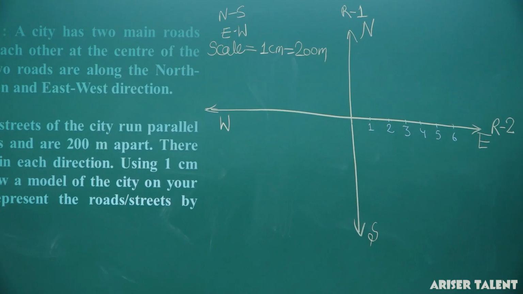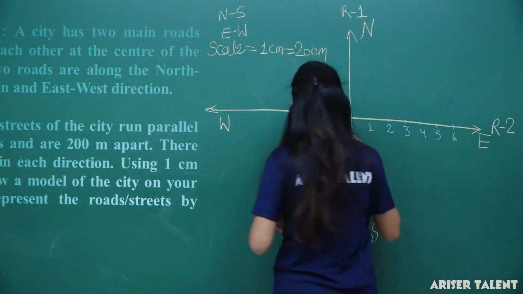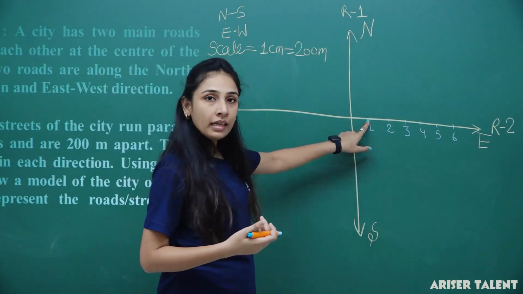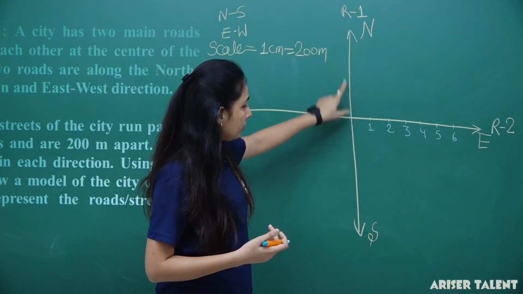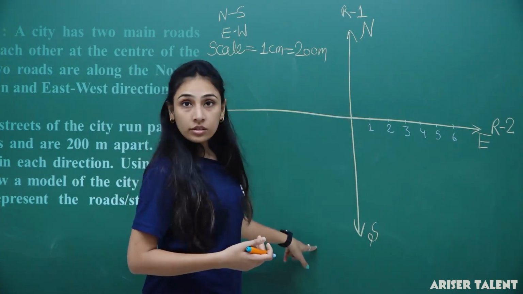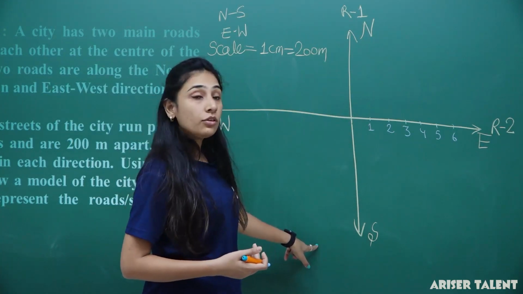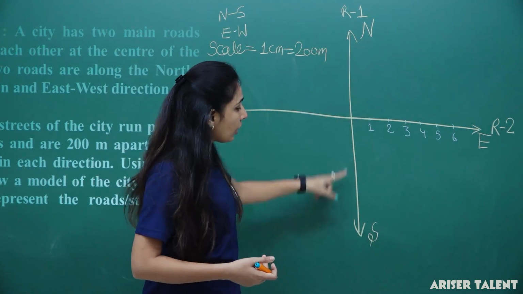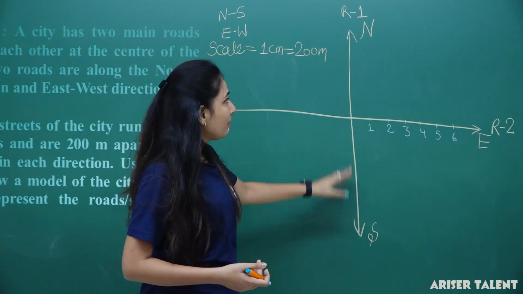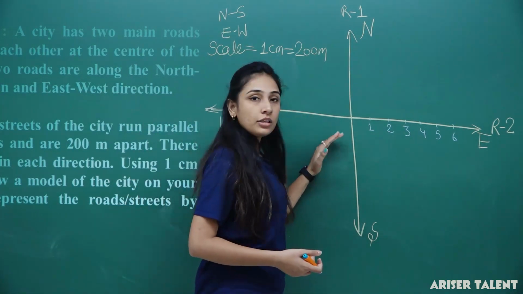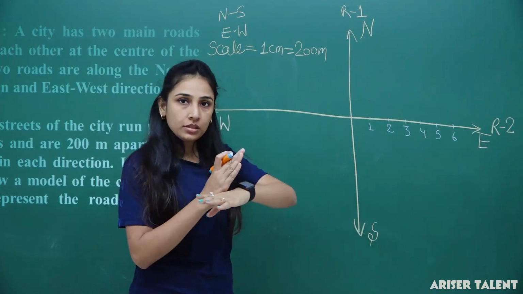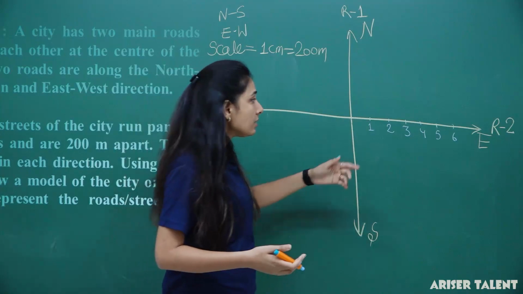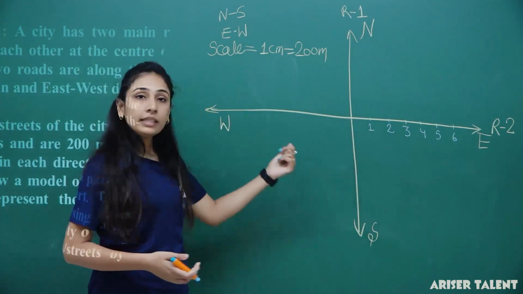And now draw parallel lines. Drawing parallel lines will also need a scale with you. So, how do you draw a parallel line? You have to draw a parallel line to this north-south direction, and similarly you have to draw parallel lines to the east-west direction. Because the north-south direction and the east-west direction are perpendicular to each other, in order to draw a parallel line to north-south, just draw a perpendicular to the east-west direction.